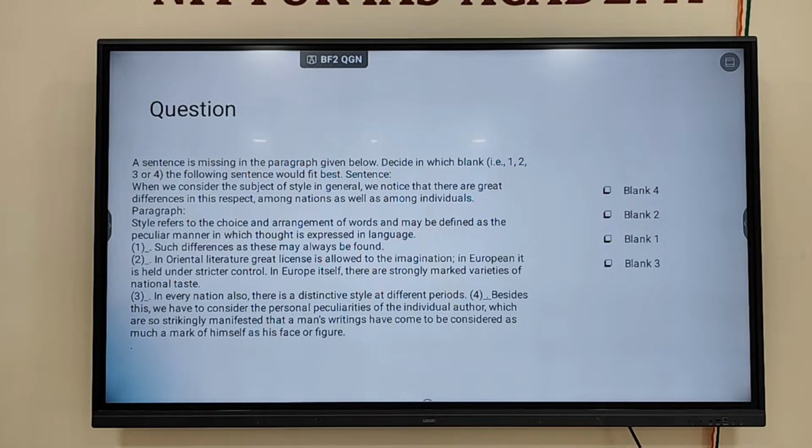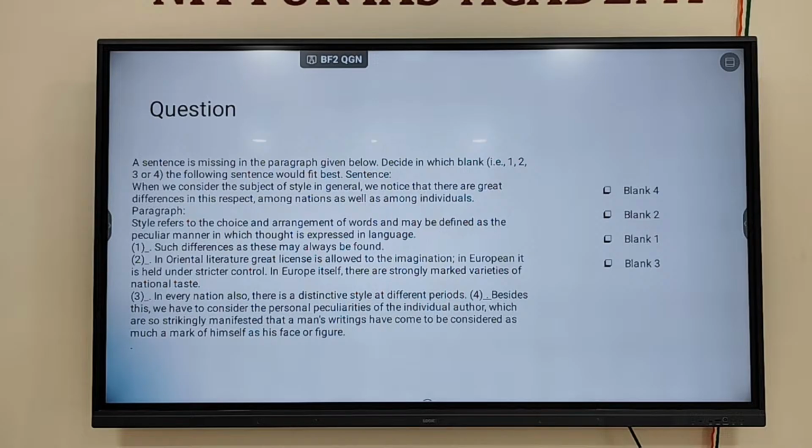It is held under strict control in Europe itself. There are strongly marked varieties of national taste. In every nation also there is a distinctive style at different periods. Besides this, we have to consider the personal peculiarities of individual author, which are so strikingly manifested that man's writings have come to be considered as much as a mark of himself, of his face or figure.